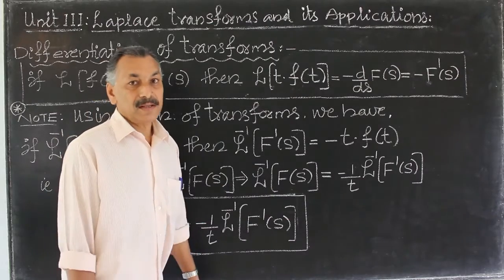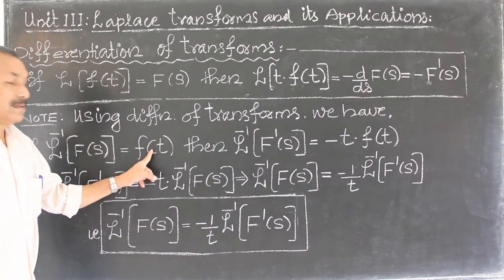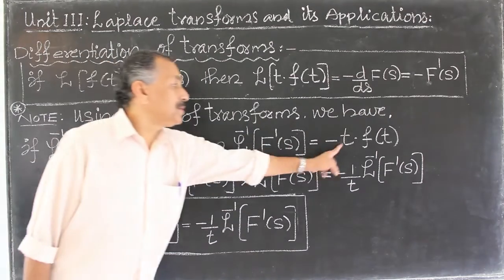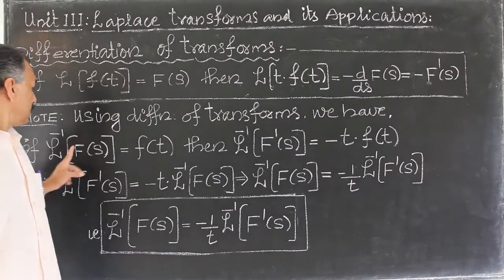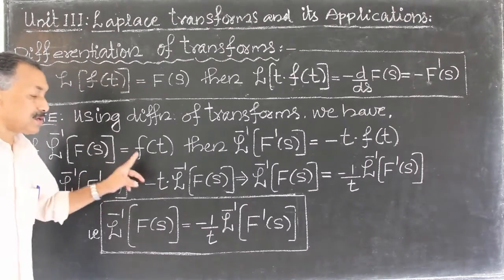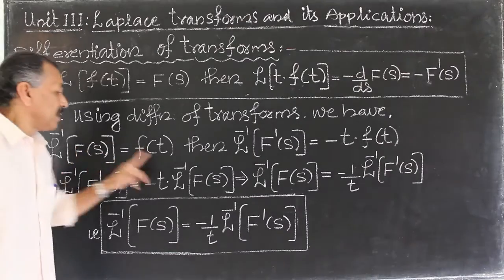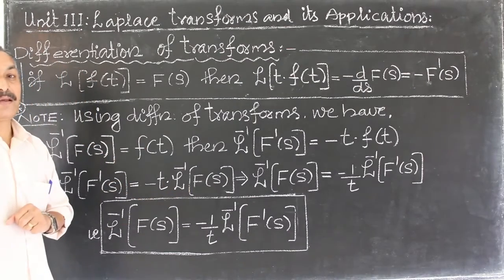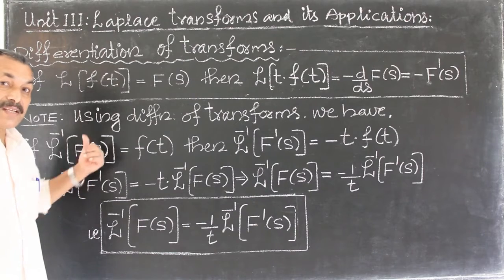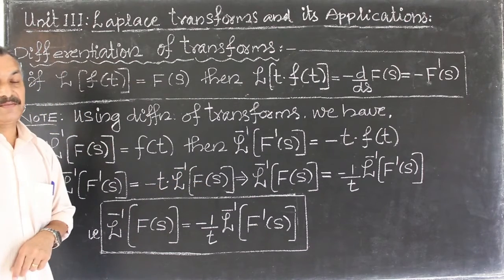That is, if L inverse of F(s) is equal to f(t), then L inverse of F'(s) is equal to minus t into f(t). What is f(t)? L inverse of F(s). So Laplace inverse of F' is equal to minus t into L inverse of F(s).